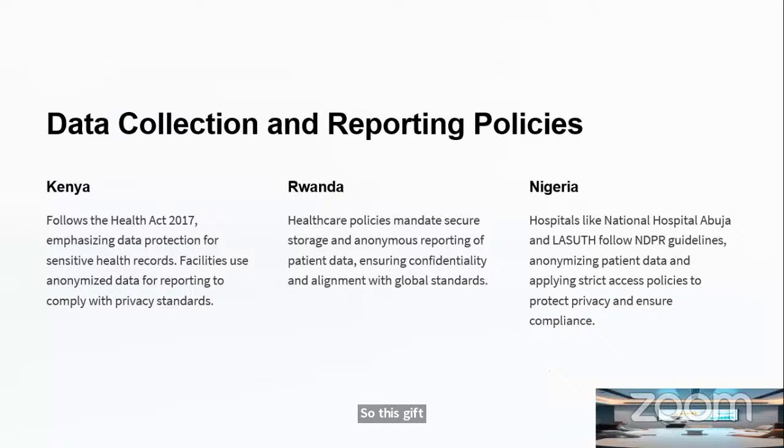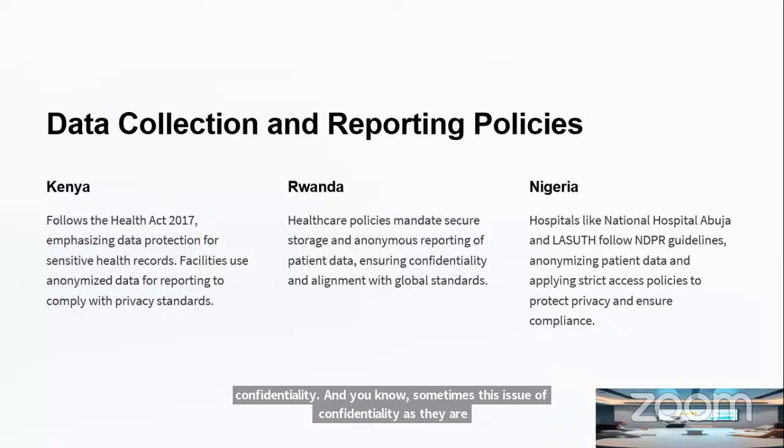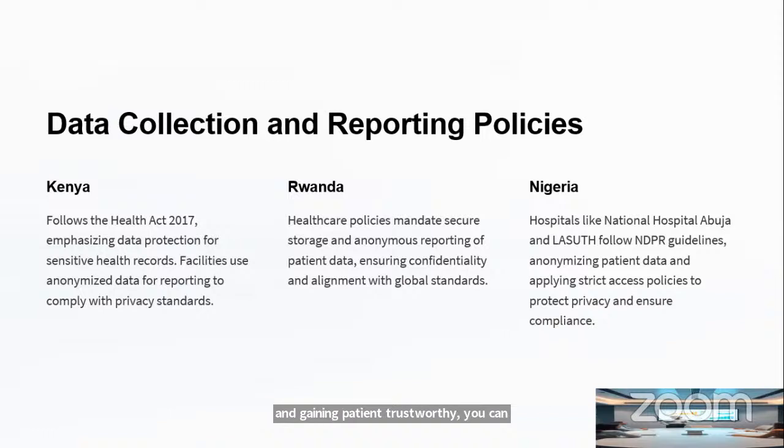And sometimes this issue of confidentiality is very, very important for retaining patients and gaining patient trust so that you can get more information that will guide or help in your approach for proper care for the patient. In Nigeria also, we use the same NDPR guidelines so as to anonymize patient data as well as making sure there are strict access policies so that the data access and the privacy of the clients are protected and well complied with.